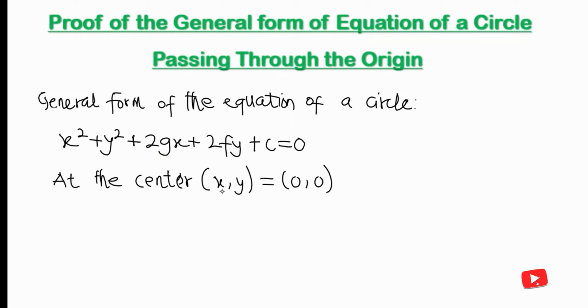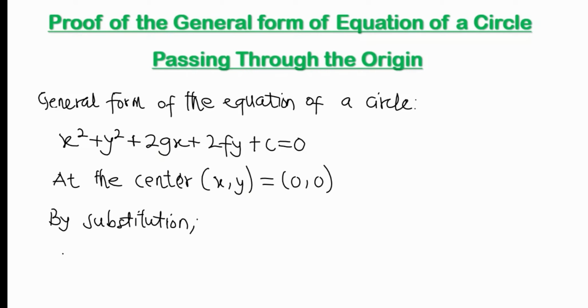So this becomes the coordinates of the circle at the center. At the center, the coordinate there is 0, 0. So we are just going to do substitution here. Now let's write by substitution. That is, we are substituting 0, 0 into the general form of the equation.